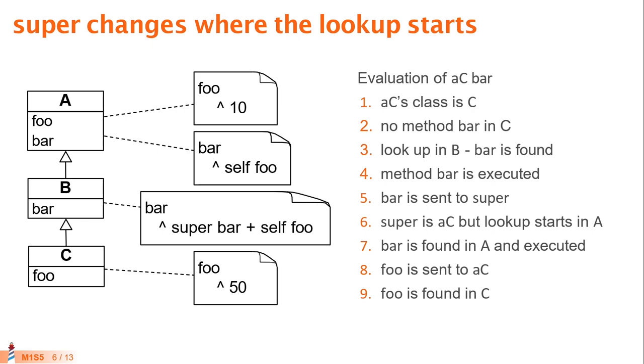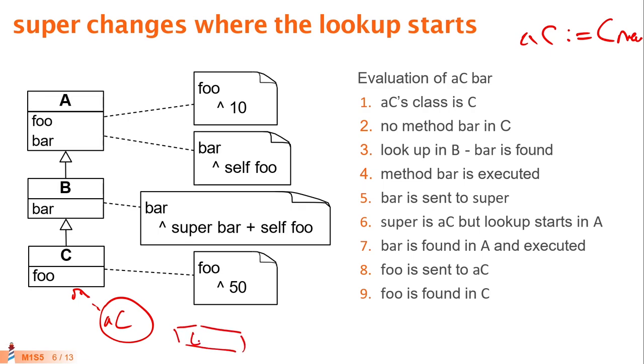Let's take the third example, which is probably one of the most interesting here. We have an instance of C, C new, and we send it the message bar. Following the rules of the method lookup that we saw before, the first thing we need to do is to search for the class of the object.